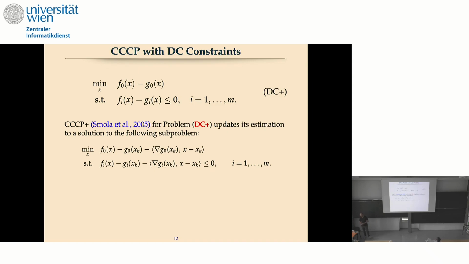And the extension of CCCP by Alex Smola and his co-authors tries to solve this problem by linearizing not only the second term in the objective, but also the second term in the constraints. And this becomes a convex surrogate optimization problem instead of this non-convex objective and non-convex constraint. Here we get convex objectives and convex constraints.